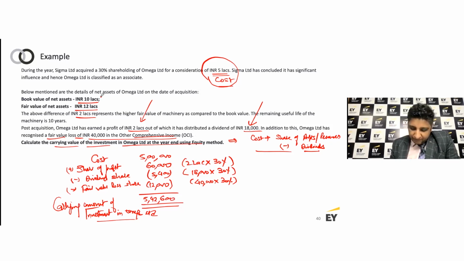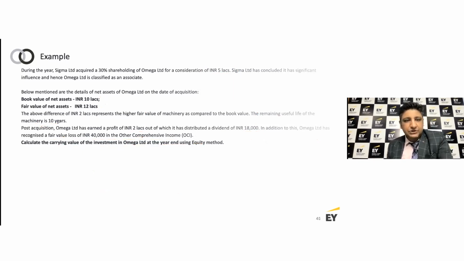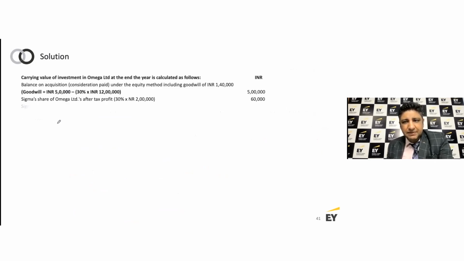All the other information, the fair value differences, life of the machinery, etc., may not be relevant here. So maybe they're giving it just to confuse us. Okay, so we just need to assess the significance of the information provided and the requirement of the question. Okay, let's have a look at the formal solution. This is something that we have done.